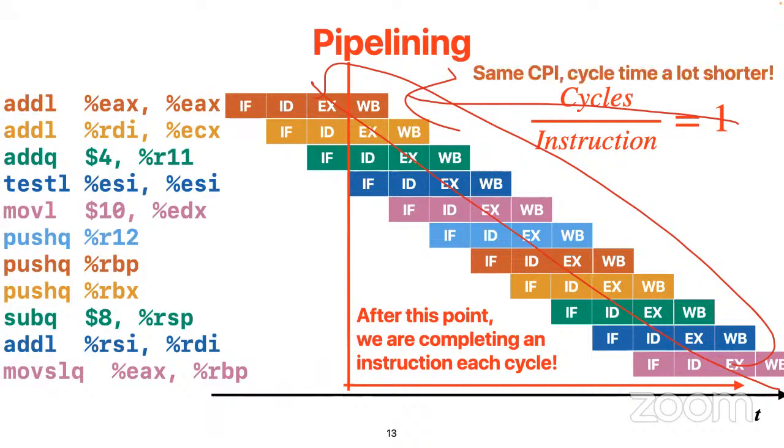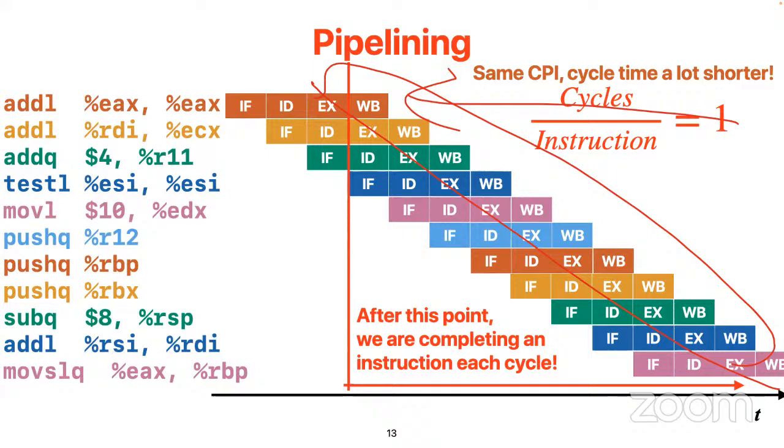So the same CPI, because if each cycle generates 1 instruction, it's still the same CPI, but the cycle time is a lot shorter. With pipelining, you can make the cycle time a lot shorter, but the CPI is still maintained.